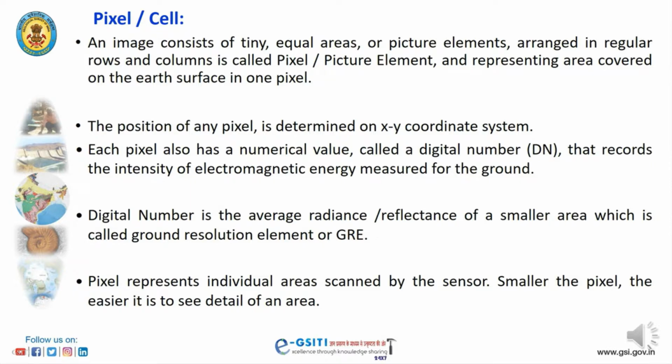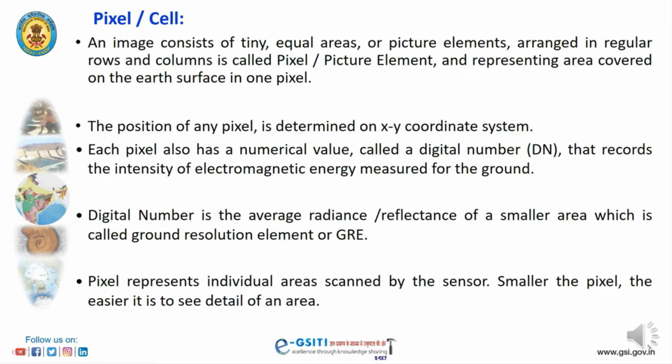Pixel or cell. An image consists of tiny equal areas or picture elements arranged in regular rows and columns, called pixels or picture elements, and each represents the area covered on Earth's surface. The position of any pixel is determined on an XY coordinate system.